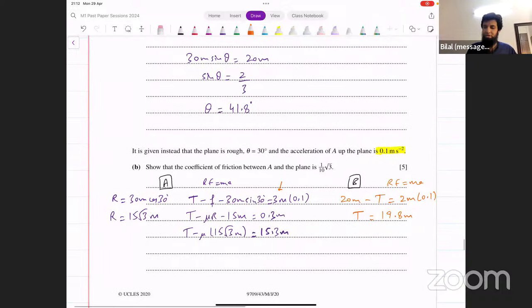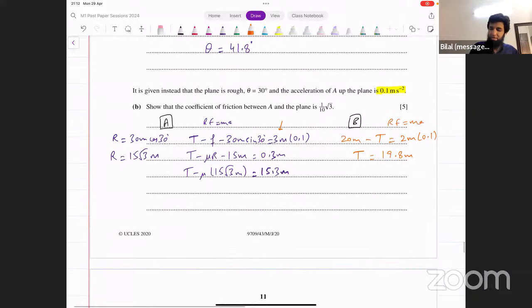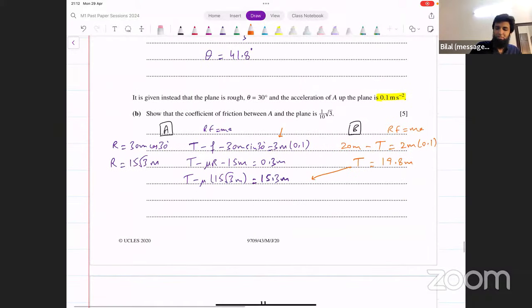That's the value of tension that we get from the equation for B. Now put that in the first equation. What does that give you? 19.8m minus 15 under root 3 m times mu equals 15.3 times m.